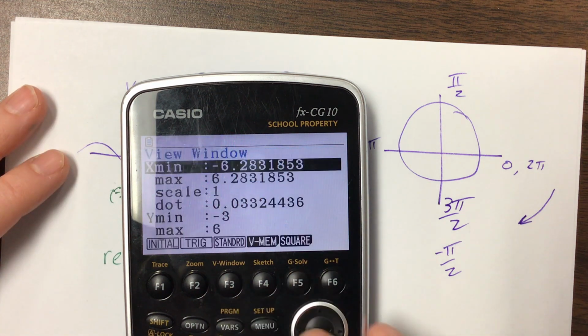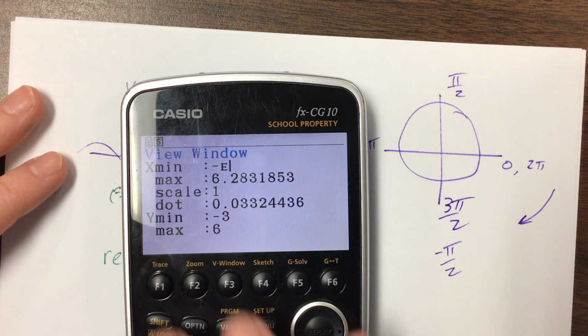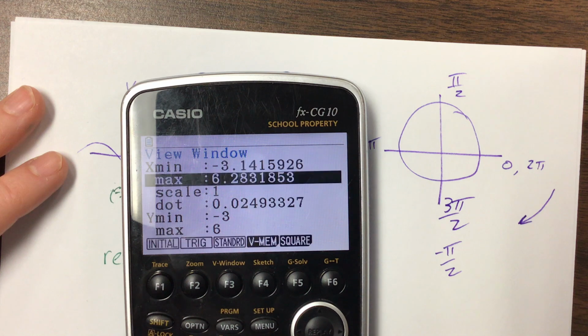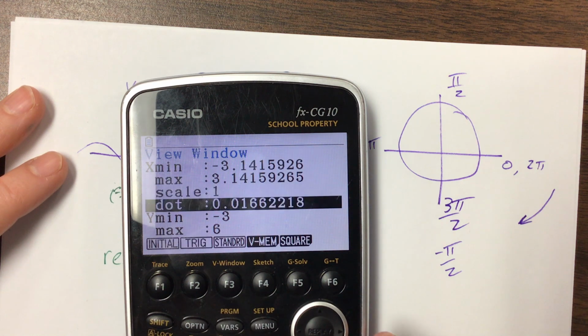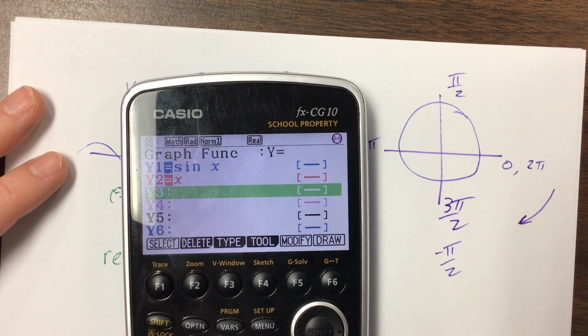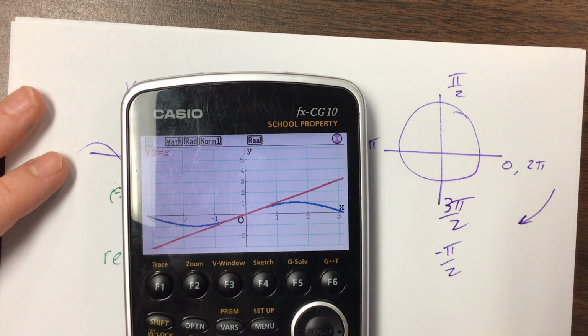Let's zoom in a little bit more. Negative pi, oh, I don't know what I'm doing. Negative pi to pi. And then let's see what happens here. Well, we really still can't see so well.